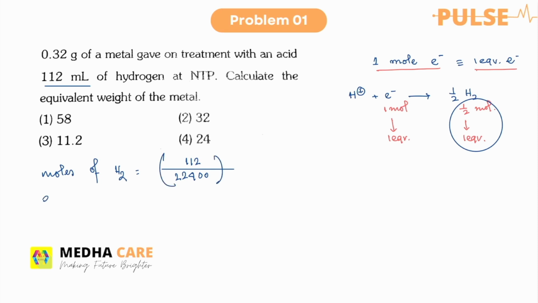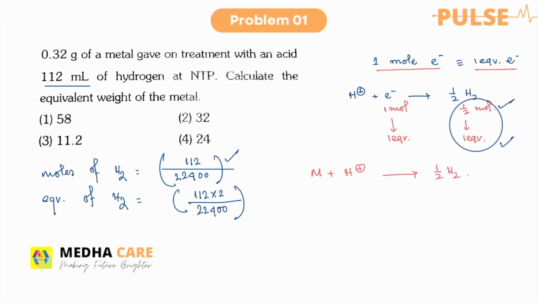Now if we calculate the equivalent of hydrogen gas, that will be 112 into 2 divided by 22,400, because see here, half mole is 1 equivalent, so that means we have to multiply the mole of hydrogen by 2. Now the metal reacts with proton and gives hydrogen gas, right?